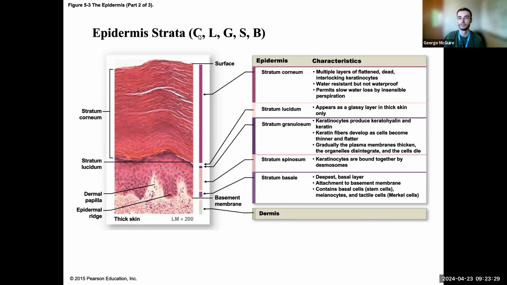Okay? So whichever way of organizing these letters and coming up with some sort of memorization technique works best for you, go for it. If it's from superficial to deep with CLGSB, or if it's from deep to superficial with BSGLC, whatever is going to allow you to make some sort of memorization technique for this, go for it.